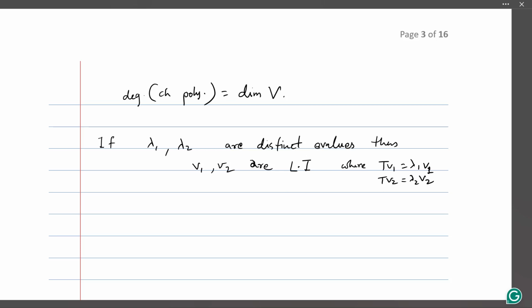If you have distinct eigenvalues, then the corresponding eigenvectors are linearly independent.